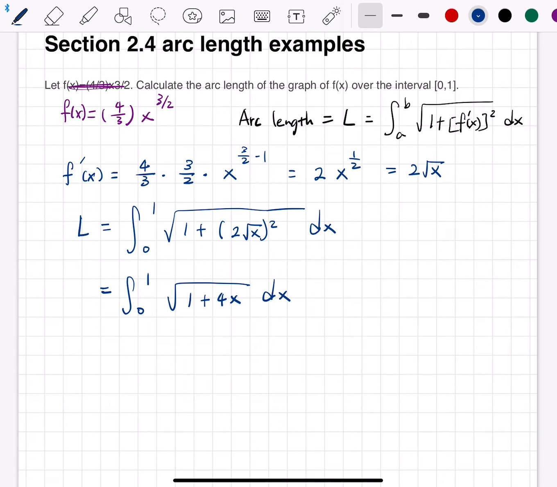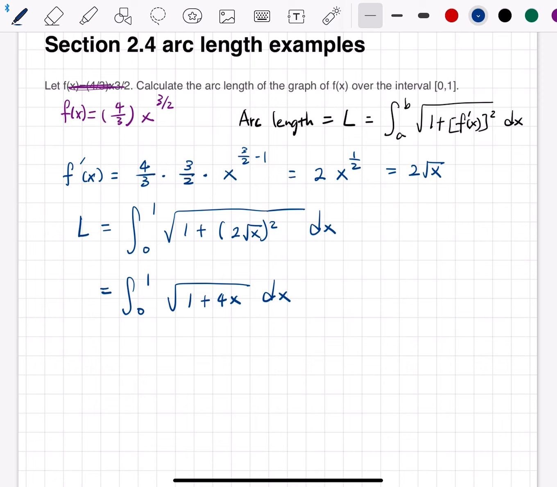To solve this one, I want to use a u-sub. I'm going to let u be 1 plus 4x, du equals 4 dx, or dx is 1/4 du.